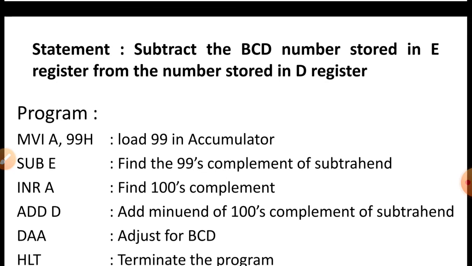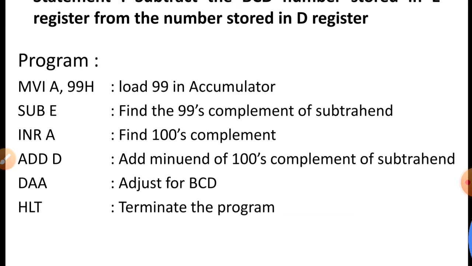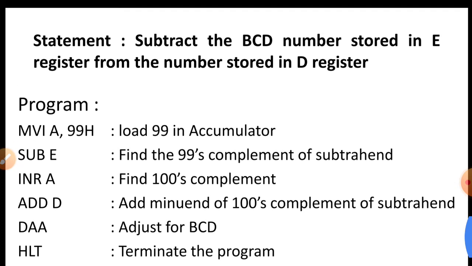The number which has to be subtracted is called the subtrahend, and the number from which it has to be subtracted is called the minuend. The numbers are available in the E register and the D register, and the E register content has to be subtracted from the D register.